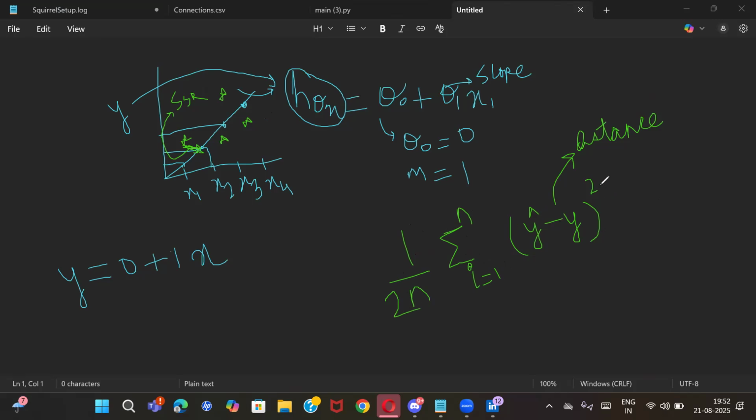Why are we dividing it by 2? Because of differentiation. What is y basically? The rate of change with respect to x. Y depends totally on x.